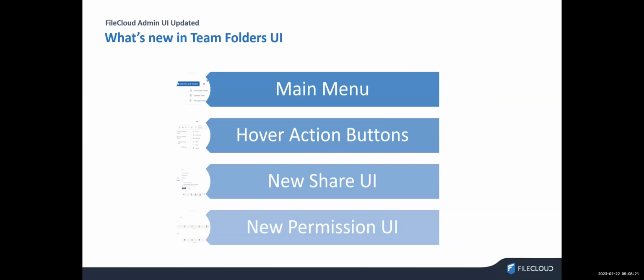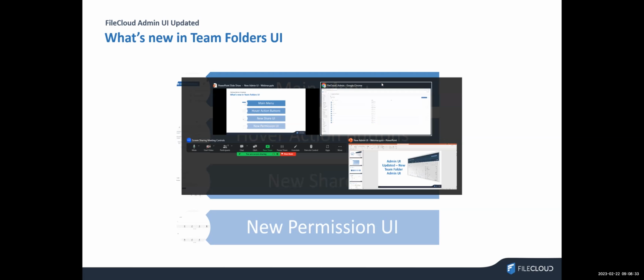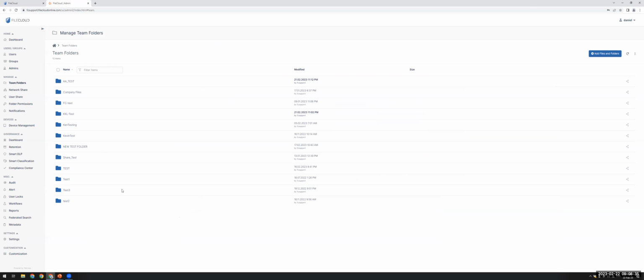Okay, so as I mentioned before, we have our main menu, which allows us to upload, download, and do any folder action. The hover buttons that show in the middle, the new share UI, and the new permissions. One other key element here is that now, because we're using the new UI engine, there is no more paging.